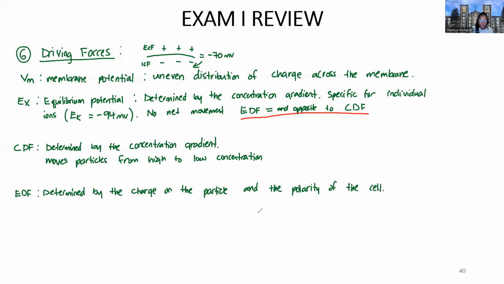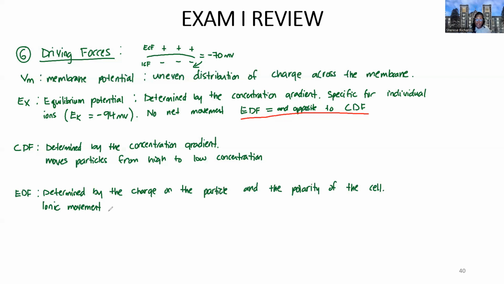Okay. So when you think about the EDF, the electrical driving force, it's really going to be for charged particles. So we want to think about ions here, right? Ionic movement. And it's going to be in opposite directions.